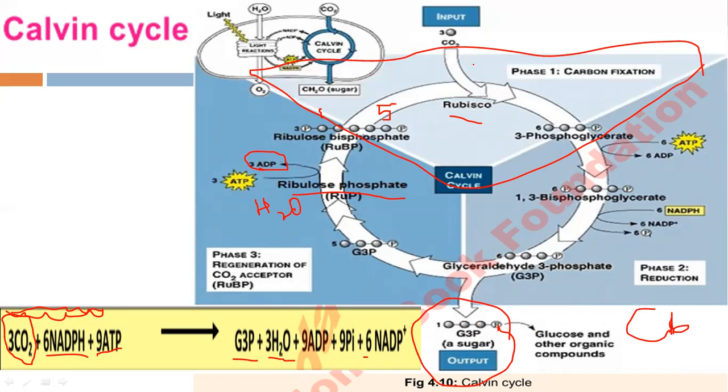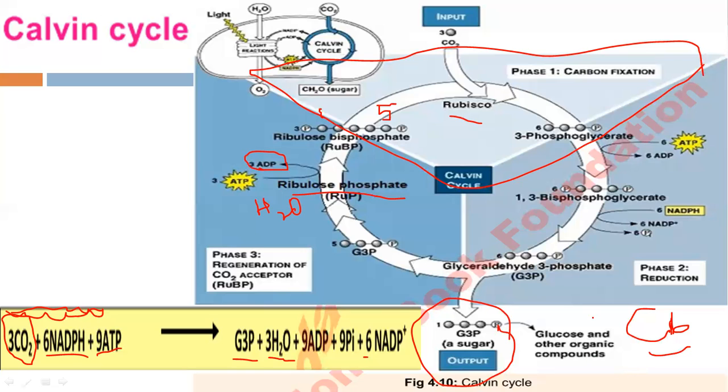When the cycle moves twice, it forms a complete glucose molecule, which has 6 carbons. And from glucose the plants can make other carbohydrates like cellulose, starch and so on. So it means when the Calvin cycle moves twice, we have one sugar molecule.